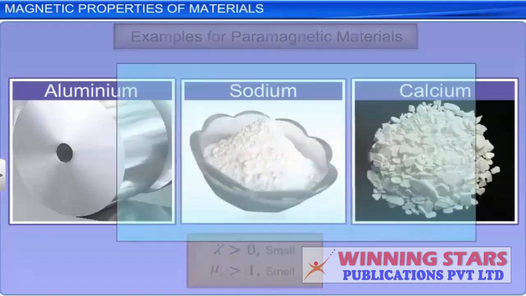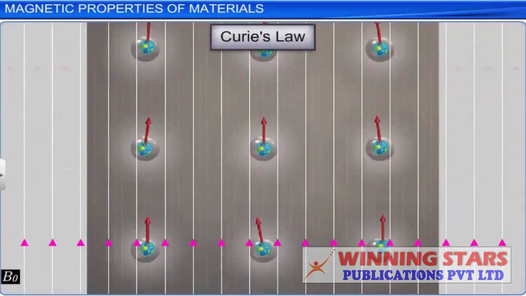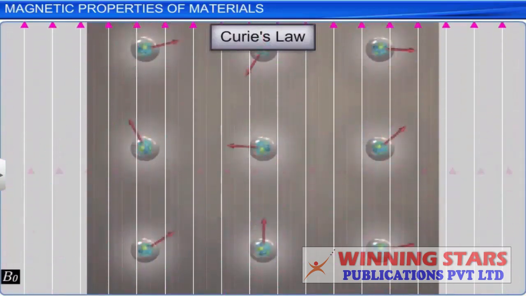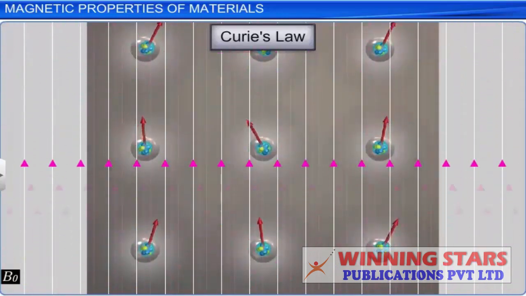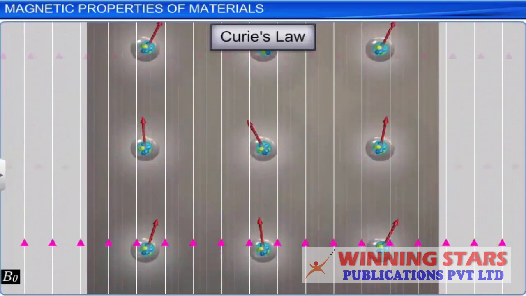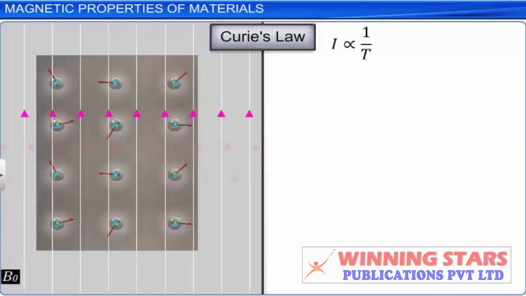A paramagnetic material placed in an external magnetic field gets weakly magnetized. The magnetization of the paramagnetic material is inversely proportional to its absolute temperature. That is, I is inversely proportional to T.